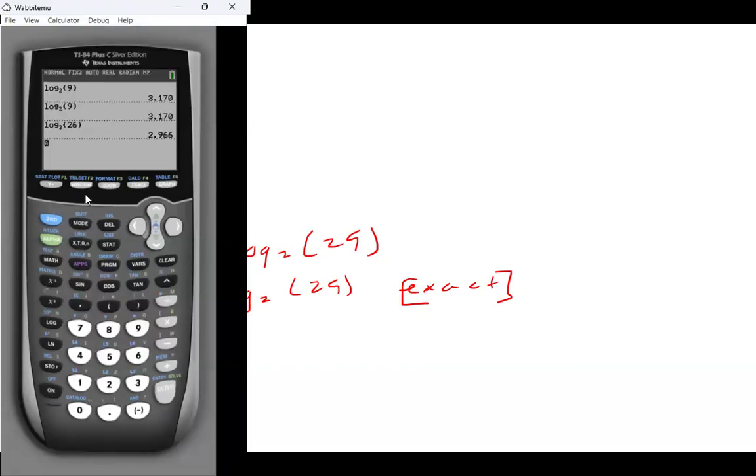And I have alpha window 5, and I have log base 2 of 29. Hit enter. On our part 1, we approximated that x is between 4 and 5, but closer to 5. Were we correct? Yes, our x is 4 and 848 thousandths. Easy peasy.